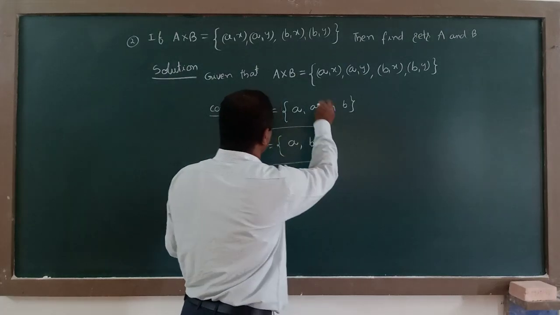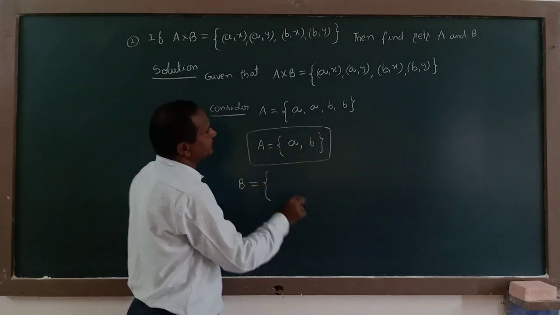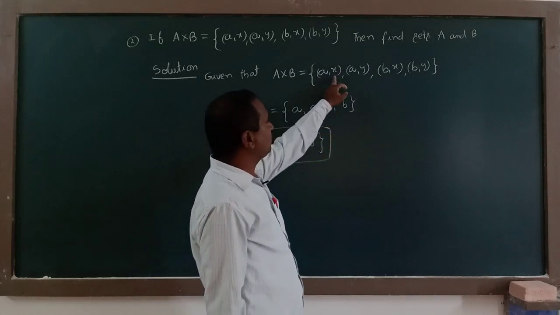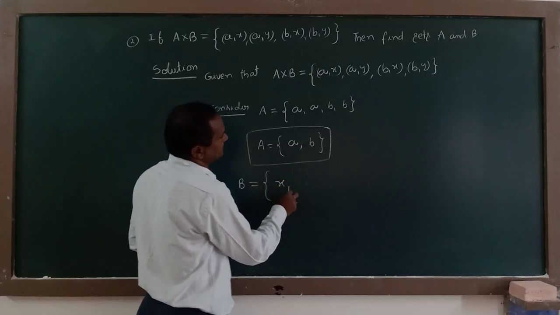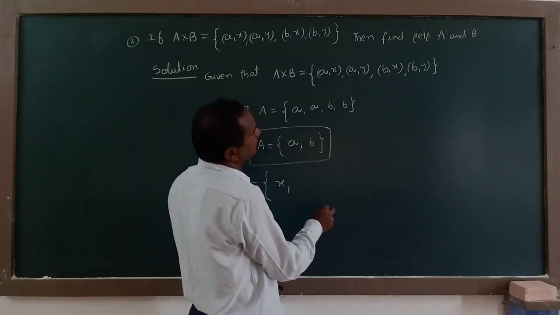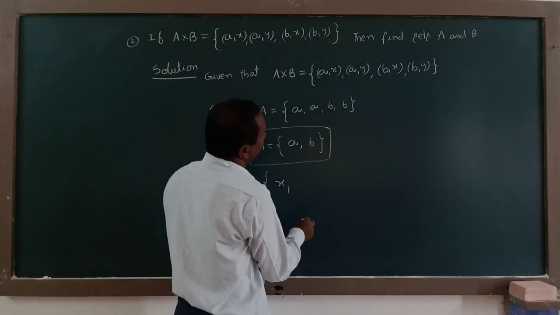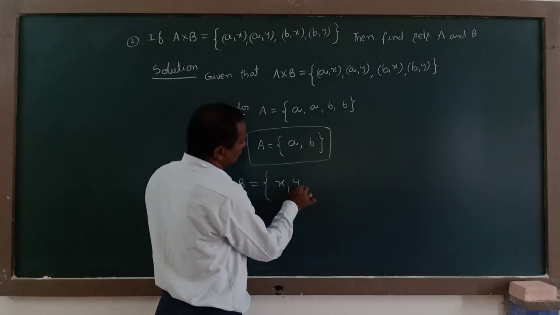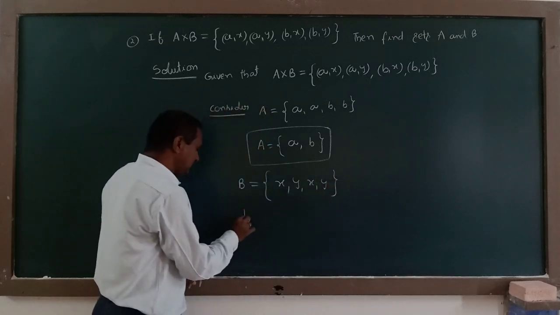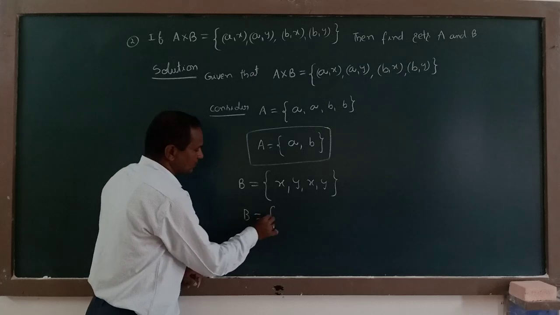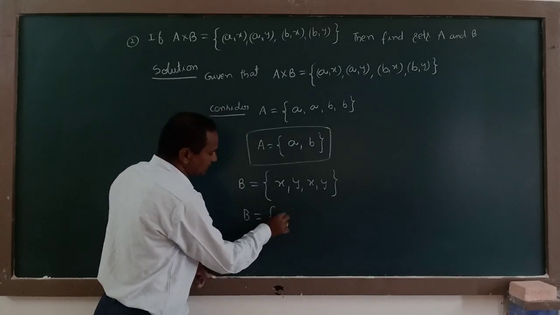Next, about B. B is the set of all second elements. What are the second elements of the ordered pairs here? Second elements of the ordered pairs of the given Cartesian product of the sets A and B are X, Y, X, Y. That is B is equal to: X has come two times, that's why we should write it only one time.